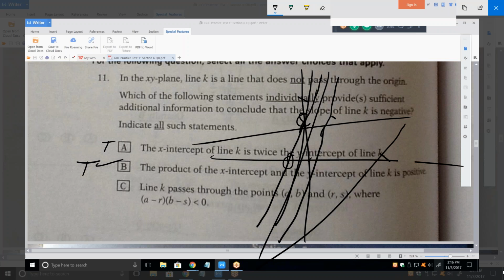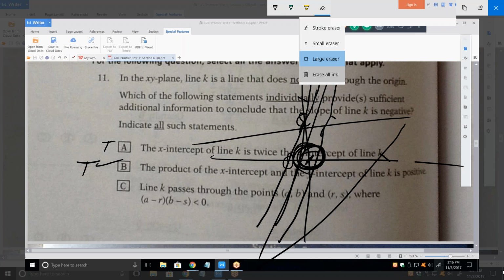It means this line doesn't go through the origin. Because if it goes through the origin, it makes some of these statements meaningless. In other words, if it goes through the origin, the x-intercept is the same as the y-intercept. So you wouldn't be able to use these tests.